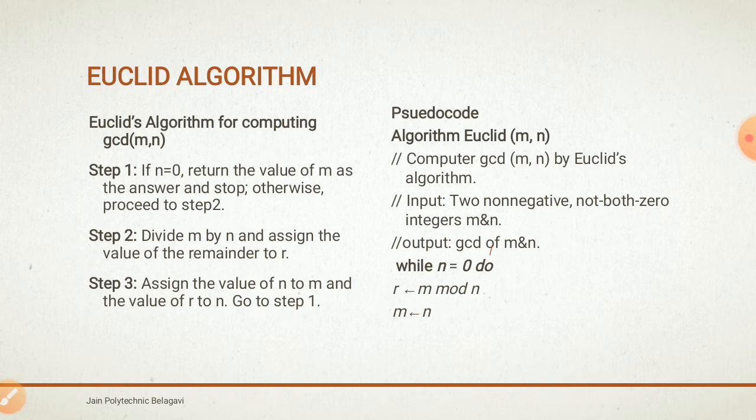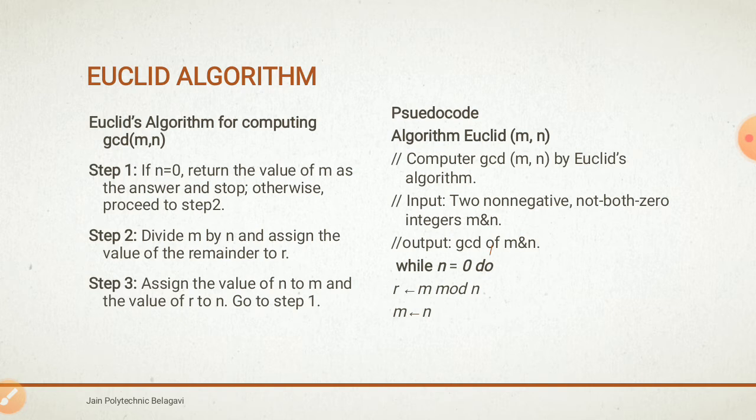So here we have Euclid algorithm for computing GCD of m comma n, that is we are taking two variables like m and n, and with the help of GCD function we are solving that. In the first step, if n equal to 0, return the value of m as the answer and stop. Otherwise, proceed to step 2.